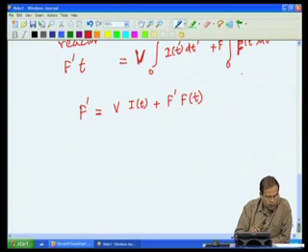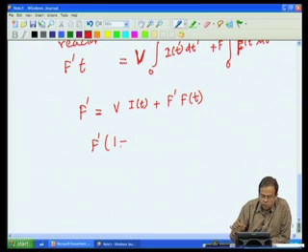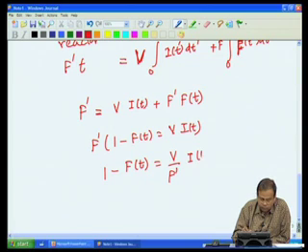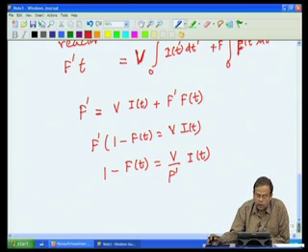Okay. So, in other words, we get f prime into 1 minus f of t equal to V by f prime of I of t.